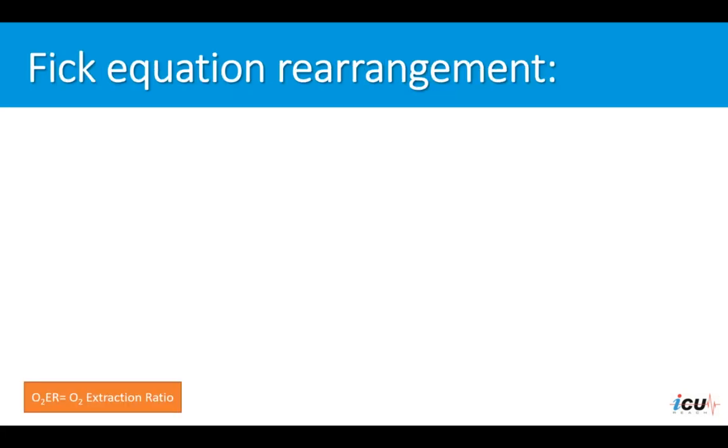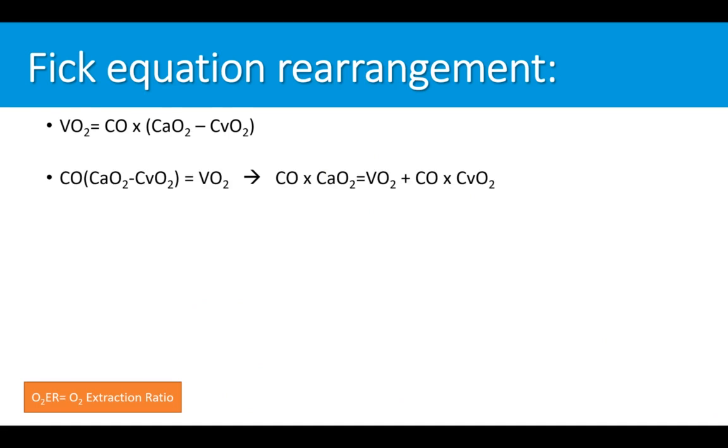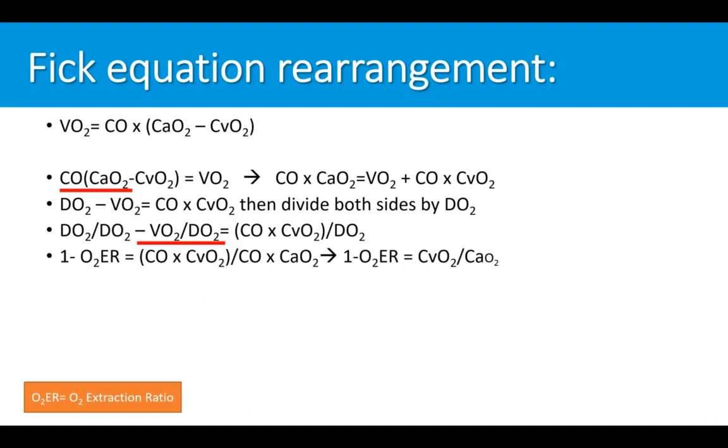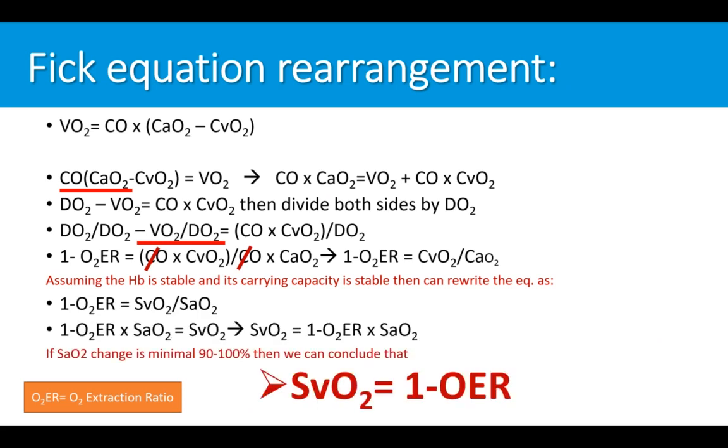We're going to just rearrange the Fick equation in a way that makes things simple, and I'm not going to go into the details of this rearrangement. You can find it in any textbook that describes it. Doing some rearrangement on both sides, you can simplify things and get a formula that is easy to use at the bedside: the mixed venous O2 saturation equals 1 minus the oxygen extraction ratio.